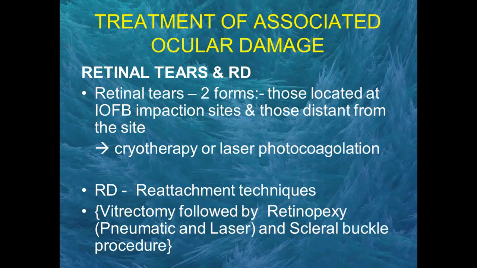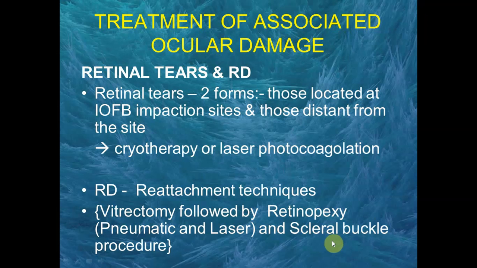Retinopexy is basically a procedure where we are reattaching the detached retina. It is of two types: pneumatic retinopexy and laser retinopexy. Pneumatic, as the term suggests, means we are injecting air inside the eye and using that air to reattach the detached retina. Laser retinopexy is where we apply laser at the margin of the detached retina and stabilize it.